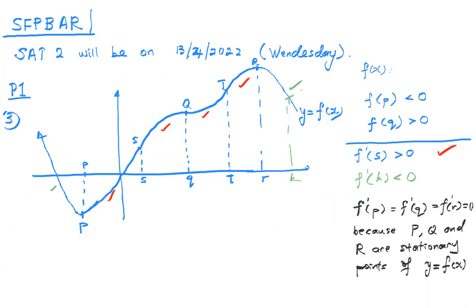You see how important it is? Why is it 0? Because it is a stationary point of y equals f(x). So that's all you can interpret. From here, if you analyze this already, now you can draw the sign diagram of f'(x).